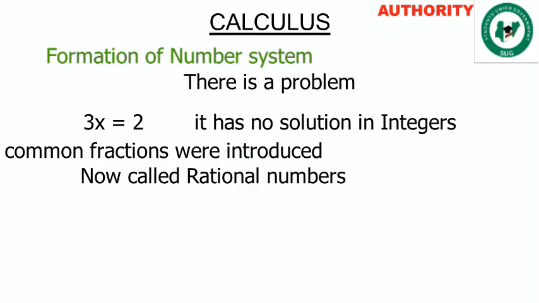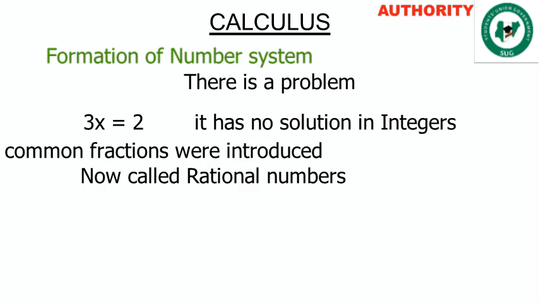So this number, 0.7, is found in between 0 and 1. So with the introduction of these common fractions to integers, we now name these common fractions rational numbers.